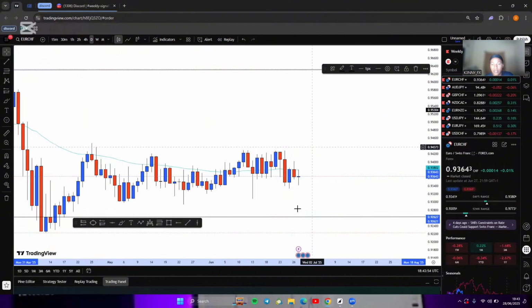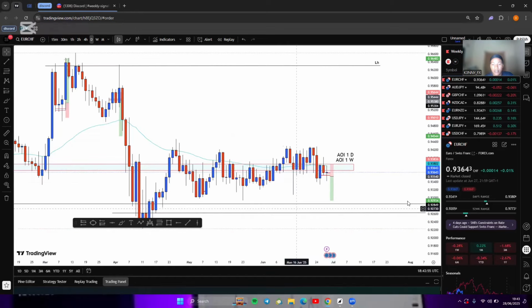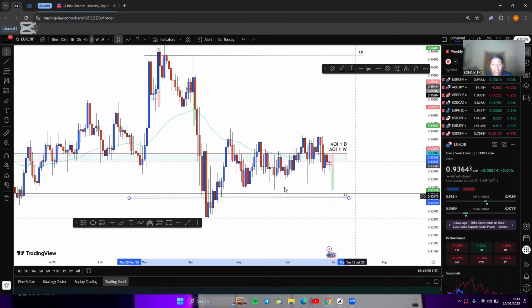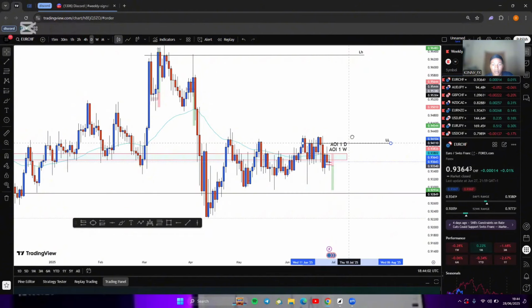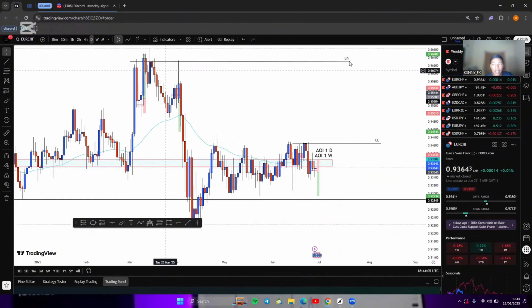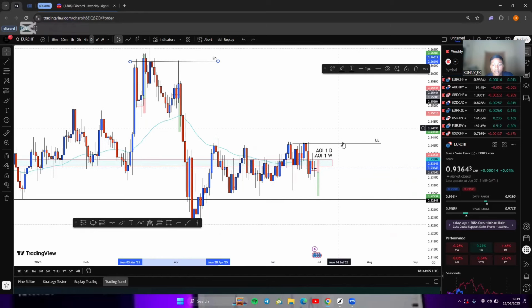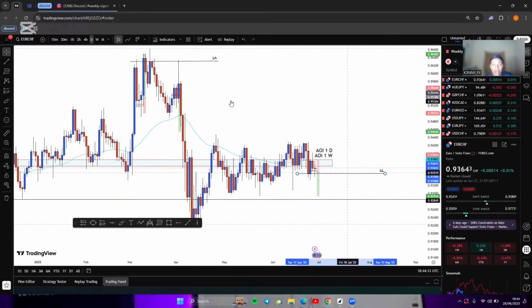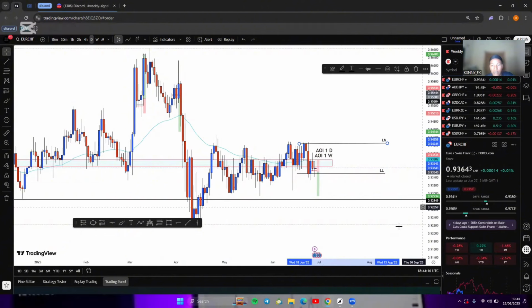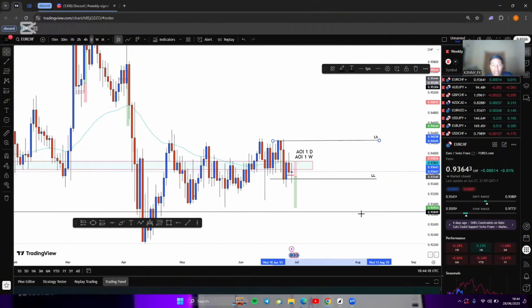Now on the daily time frame, you take your lines. I'm going to shorten them. This is the lower high, this is the lower low, and this is the lower high. So we're looking for a level to sell inside this level.